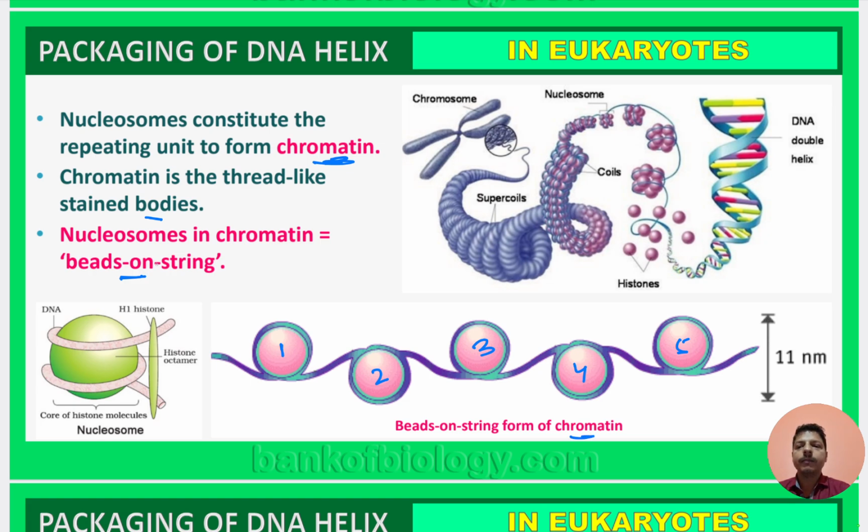And NCERT says how it looks: it looks like beads on string, as you can see. The nucleosomes are there, supercoiled, and if we make it free, then we can identify the nucleosomes and how the DNA is wrapped around the histones.